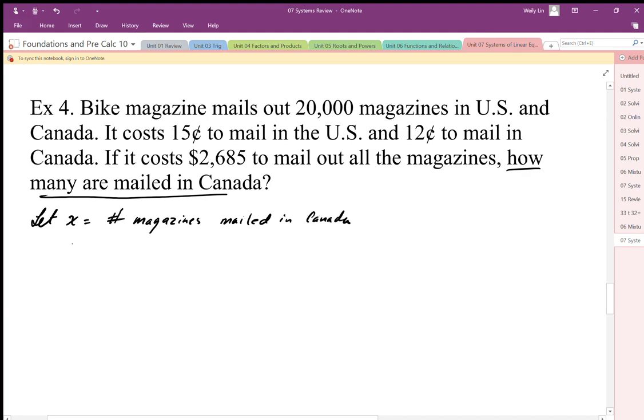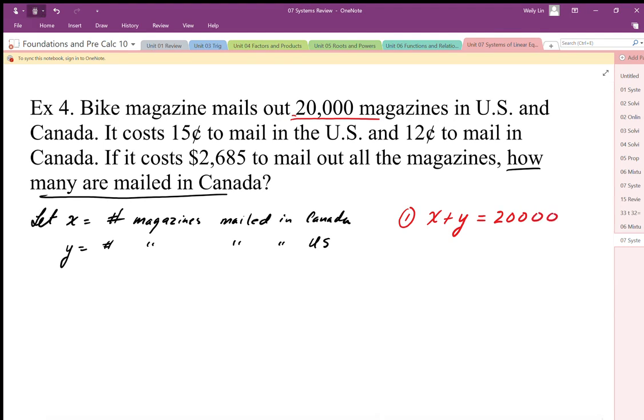Then we can let y equal the number of magazines mailed in the US. We've established our variables, and we need to come up with two relationships. The 20,000 magazines is our first relationship: the number of magazines in Canada and the number in the US add up to 20,000 magazines.